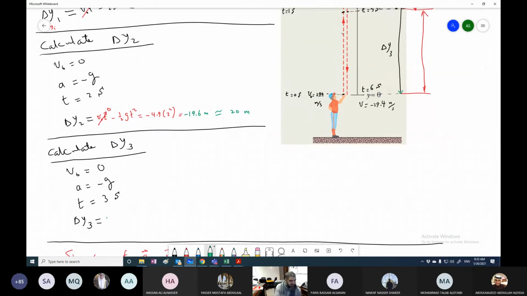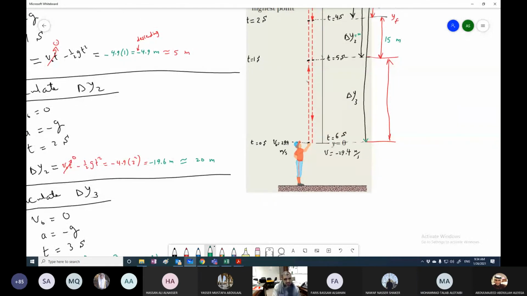Here we can say v0t minus 1/2 gt squared. v0 is 0, and you will end up with 4.9 with a minus sign multiplied by 3 squared, which is 9, multiplied by 5. This is approximately negative 44.1, so we will approximate it as minus 45 meters. Okay, so this delta y3 is 45 meters.